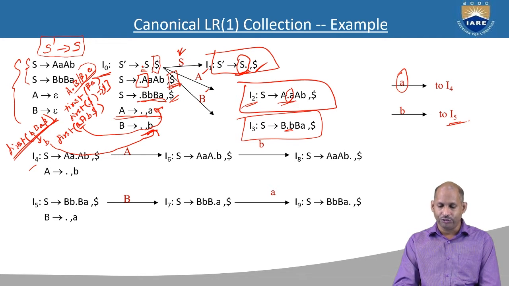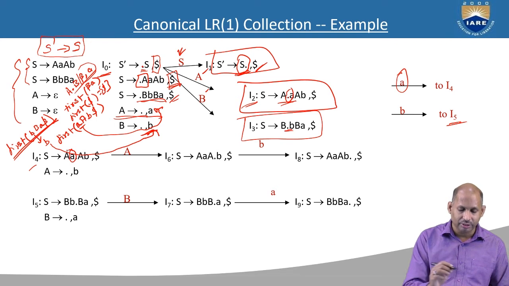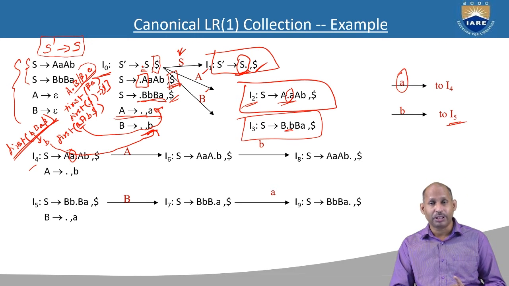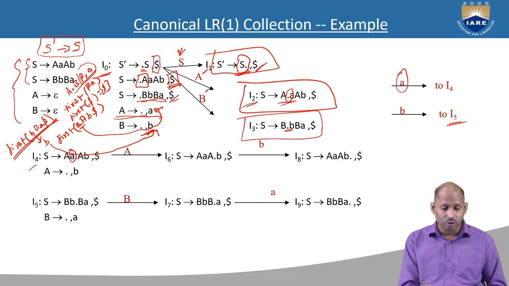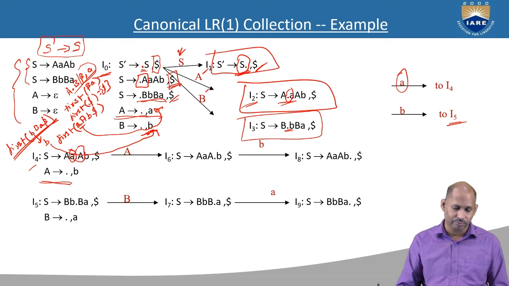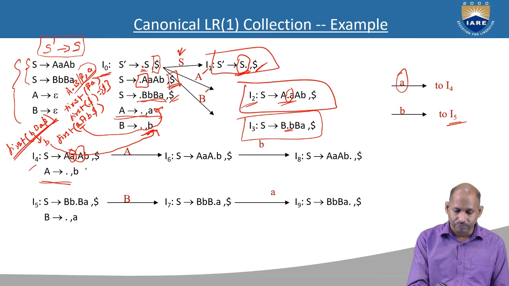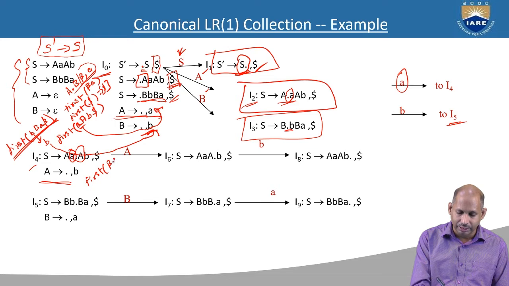Now what is I4? Dot A is becoming A dot. Then dot is followed by capital A, so add A production. Then what is first of beta A?